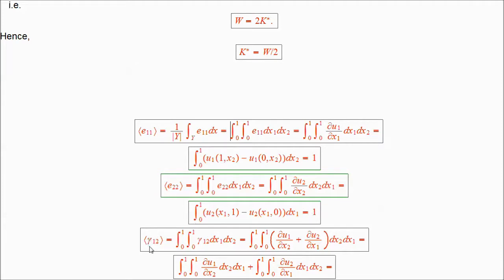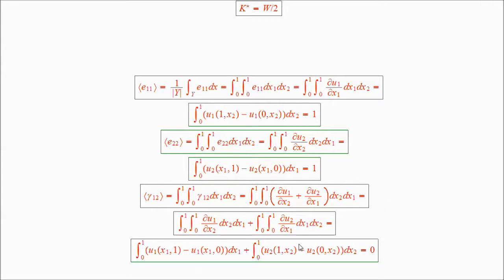The average value of the strain gamma 1, 2 is maybe a little bit more tricky. We take the integral from 0 to 1 in both directions as above. We use the definition of gamma 1, 2, which is just these two partial derivatives added together. And we know that we can change the order of integration in any integral.